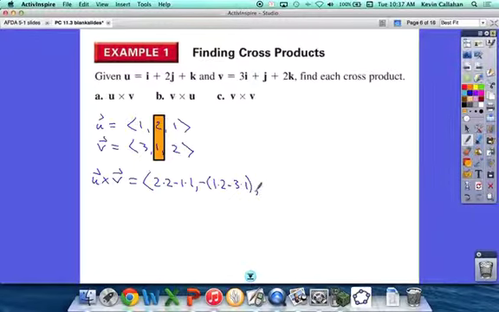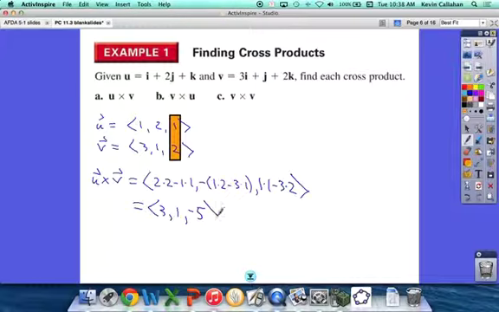Right, now we move it. For the third component, cover that up and do the determinant. 1 times 1 minus 3 times 2. Right, so this is 4 minus 1 is 3. 2 minus 3 is negative 1, but there's a minus in front, so it's positive 1. And 1 minus 6 is negative 5.